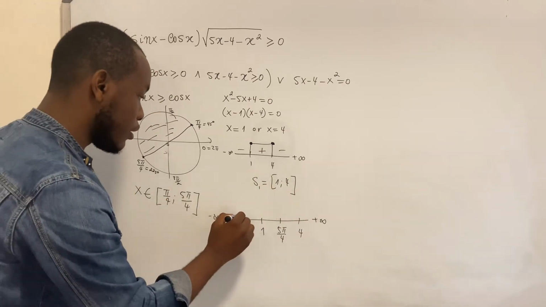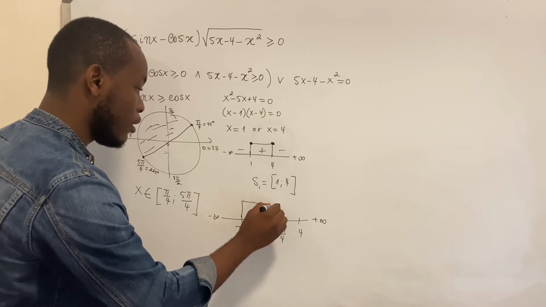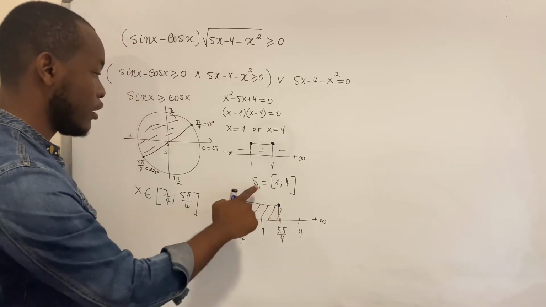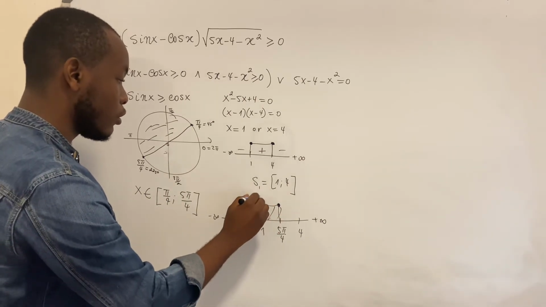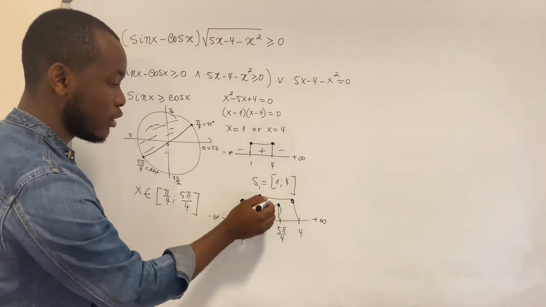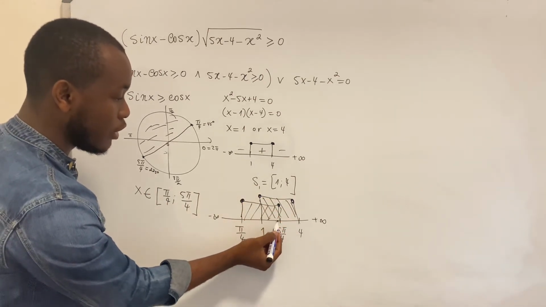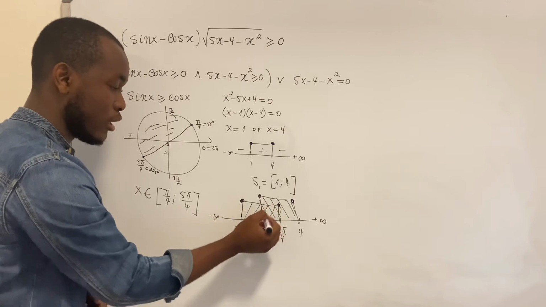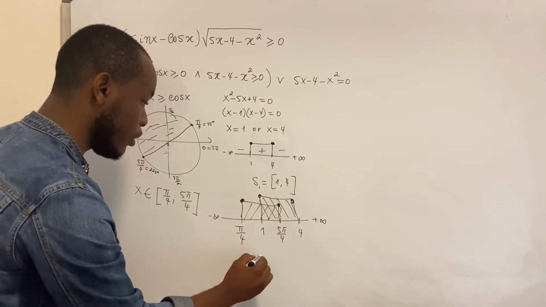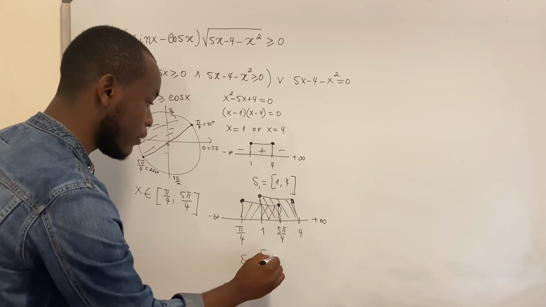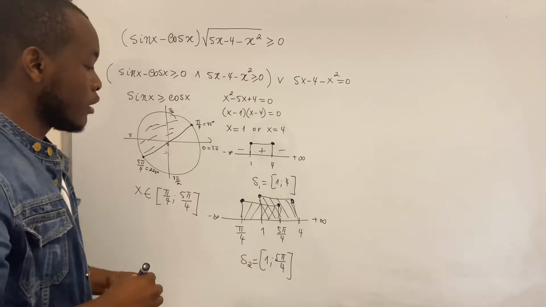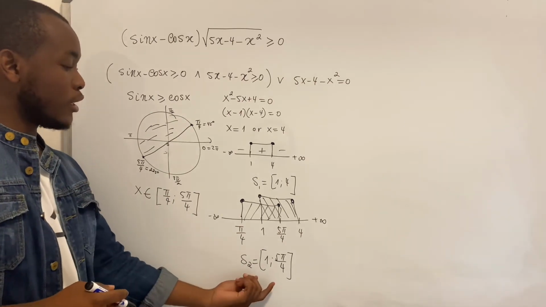This interval goes from here to here, and this one is from 1 to 4. The intersection is where these lines meet. So I call solution 2 the interval from 1 to 5 pi over 4.